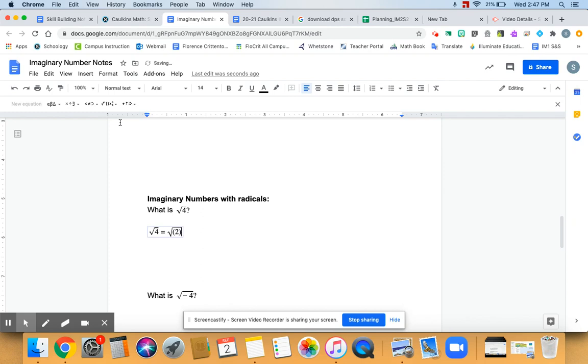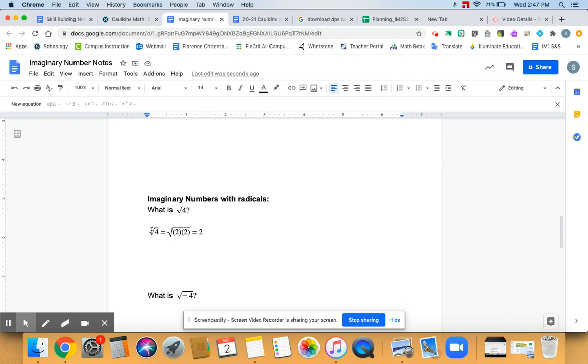It becomes 2 times 2. And then remember, if it's under there twice, it can come out of the square root just once. And then I still have to put the square root of what's left inside, but both of those came out, so there's nothing left inside. And if there's nothing left inside, I don't need that. So the answer is 2. The square root of 4 is 2, because 2 times 2 is 4.